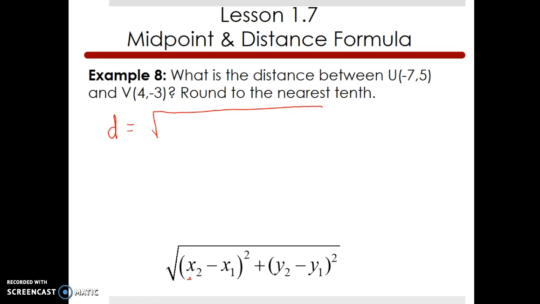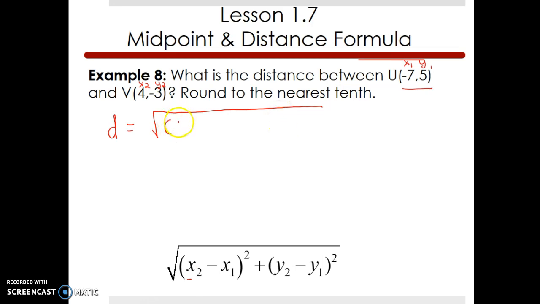So let's label the points: x1, y1, x2, y2. And I'm going to use the formula. It does not matter if I said this point was x2, y2 and that one was x1, y1, because the distance when you subtract is going to end up being the same. So I'm just going to plug it into the formula.